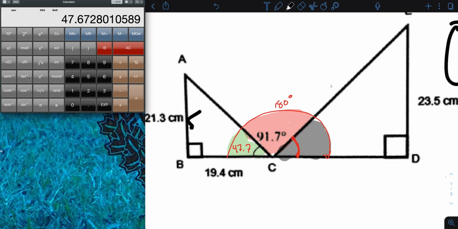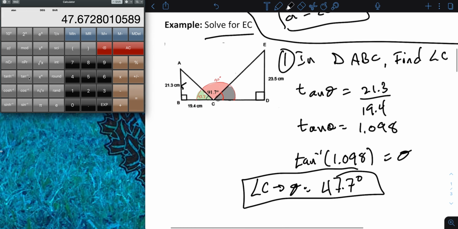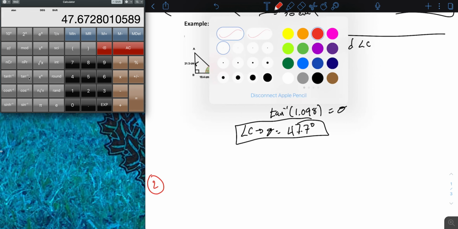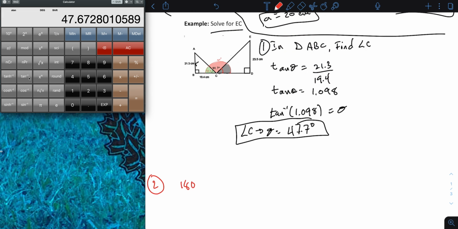Okay, so let's go back and actually do the work now. This is my second step. The second step now is to solve for this. So I'm going to go 180 minus the red section, which was 91.7, minus 47.7.